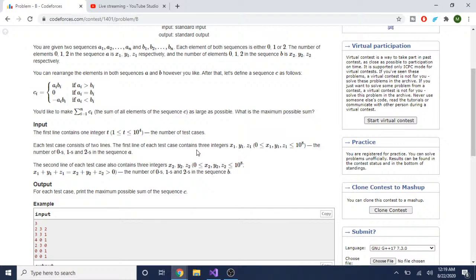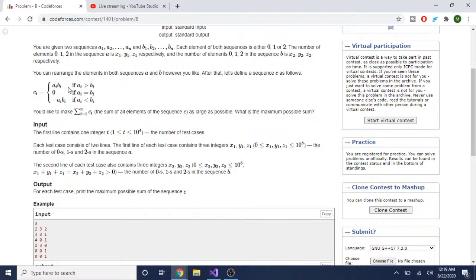Maximum possible sum, isn't it just A of i times B of i for A of i greater than B of i? Can we just use this the whole time? Can we initially fill them all with 2s and 1s?